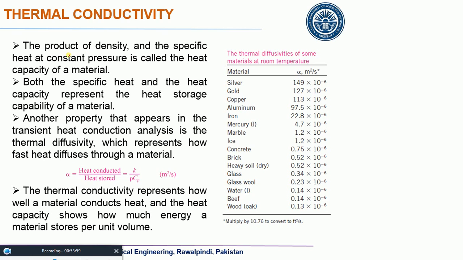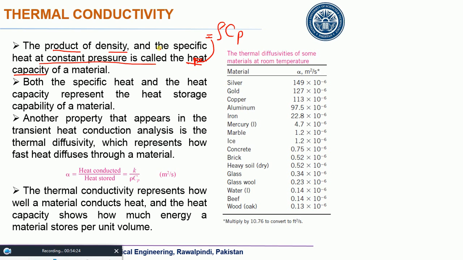So let's talk about this material. I was talking about thermal diffusivity. The product of density and the specific heat at constant pressure is called heat capacity. If you say Cp and multiply it with rho, that is known as heat capacity.